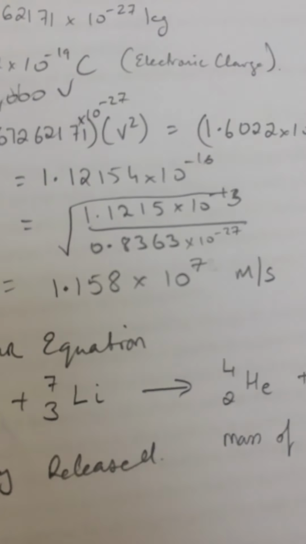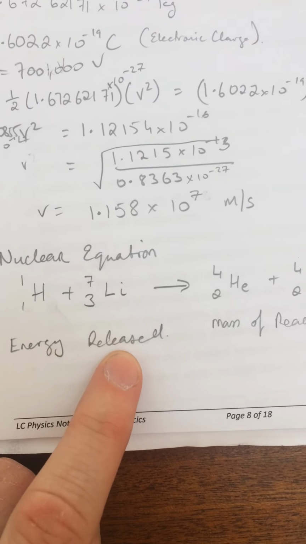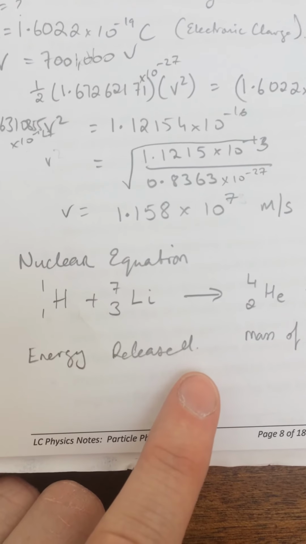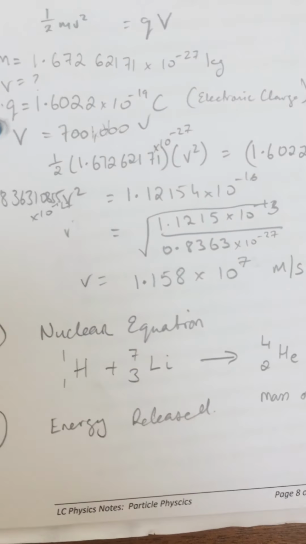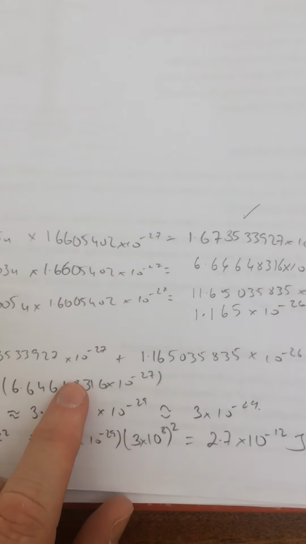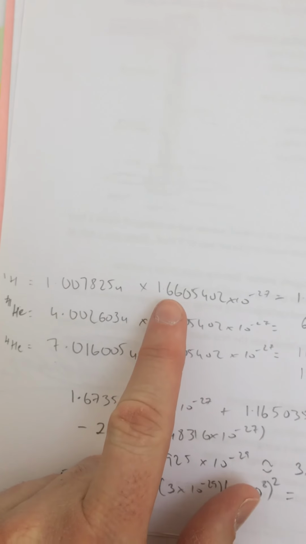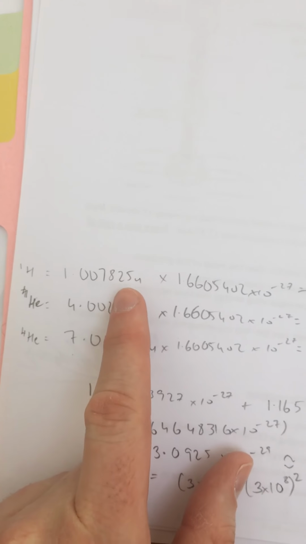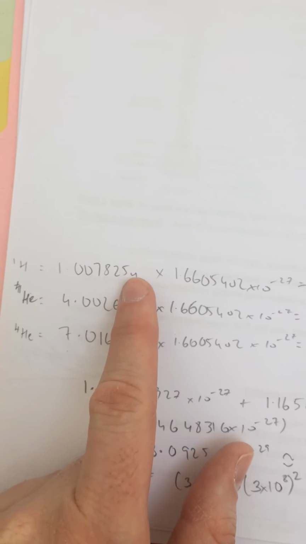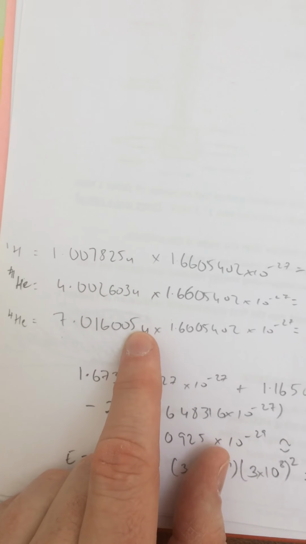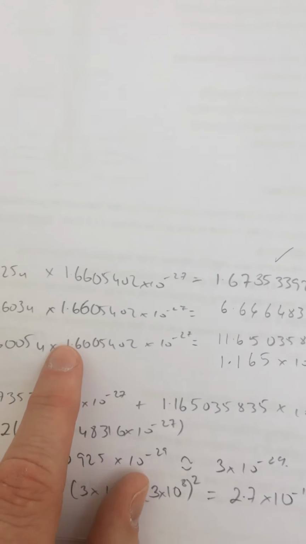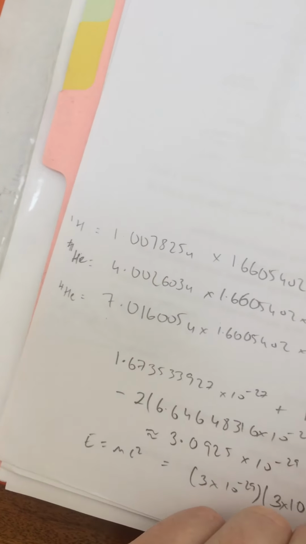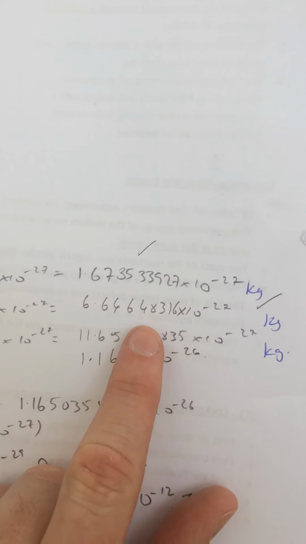Okay, so again, remember, the energy released will be basically equal to your mass difference. So you were given the value in AMU for, or you can get it from your tables, hydrogen, helium, okay, and lithium, and basically there's the values.